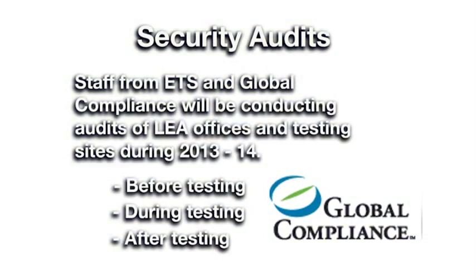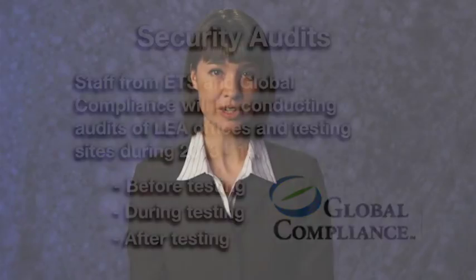Staff from Educational Testing Service, ETS, the CAHSEE administration contractor, and Global Compliance Services, the subcontractor for security audits, will be conducting before testing, during testing, and after testing audits of local educational agencies or LEA offices and testing sites. They will be assessing adherence to appropriate security procedures. Your cooperation is needed during these audits.